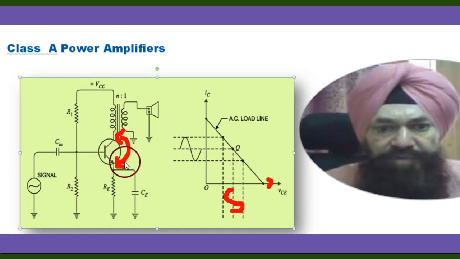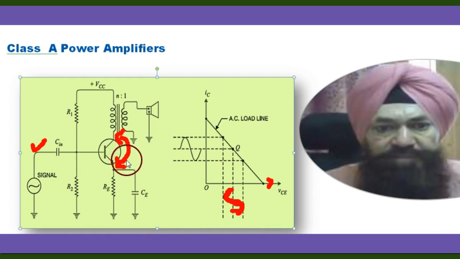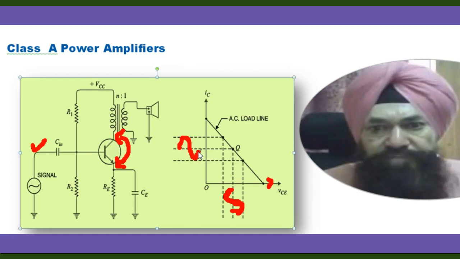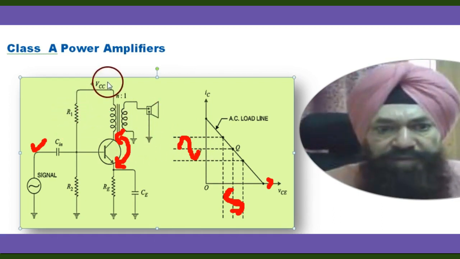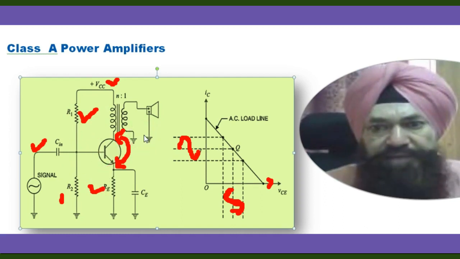When the input signal arrives here, there will be a swing in the collector emitter voltage, and with that swing, there will be a swing in the collector current, like this. Our biasing circuit, with VCC supply, R1, R2 and RE, is such that no part of the signal is cut off.